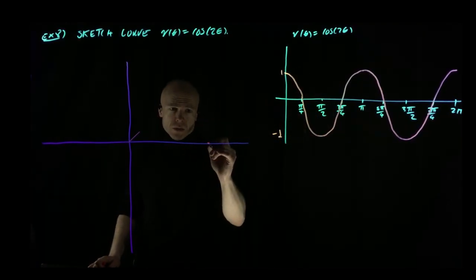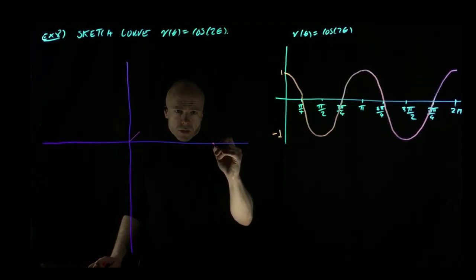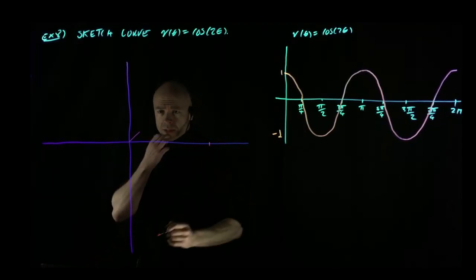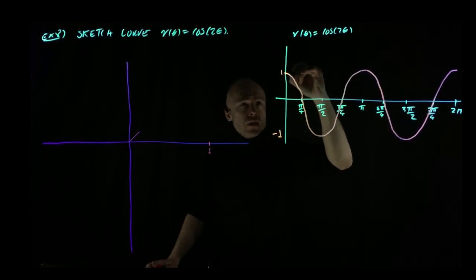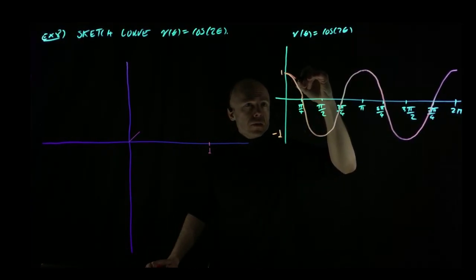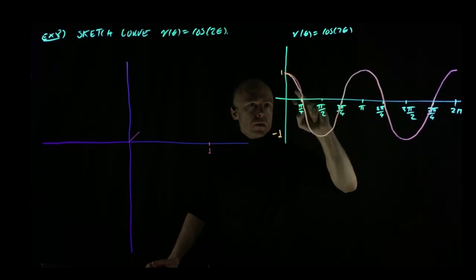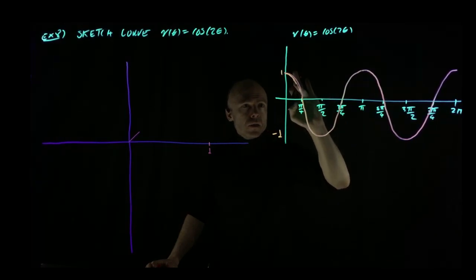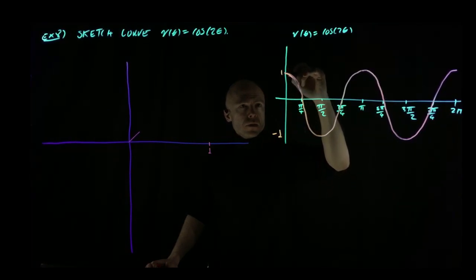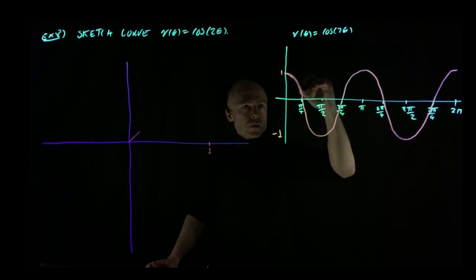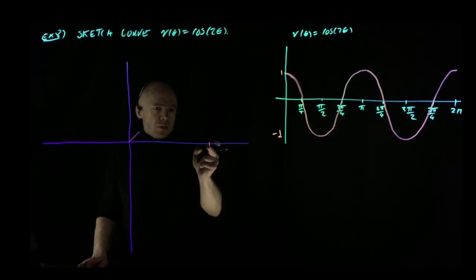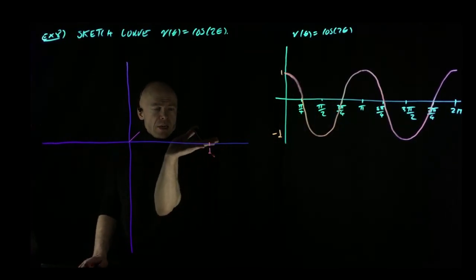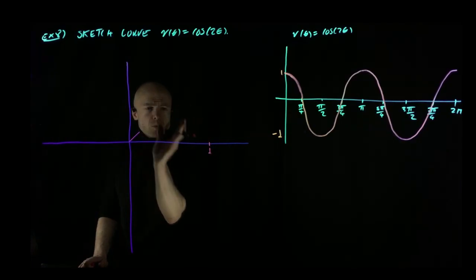I'm trying to make this picture big because it gets complicated. If this here is 1, then as we do this part right here, the red part, we're going to go steadily from 1, and as the angle goes towards pi over 4, the radius is decreasing.